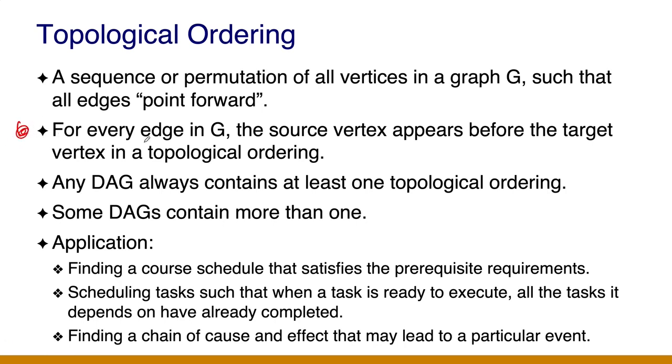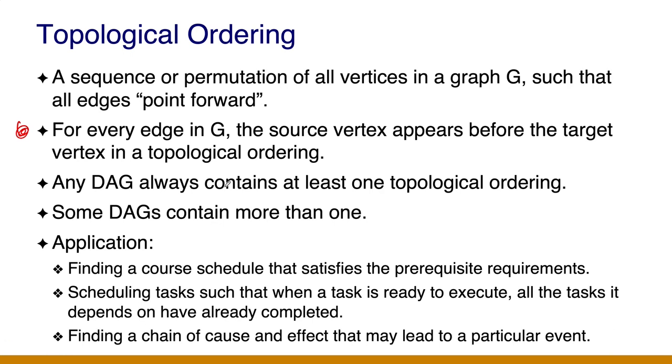So this is another way to say it. If you look at all the edges in the graph, and you can come up with a sequence that always points forward, then the source vertex will always be executed before the target vertex. This is how you can ensure that you never violate the dependency relationship.